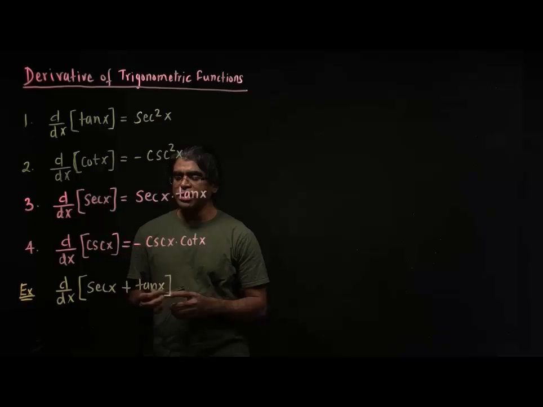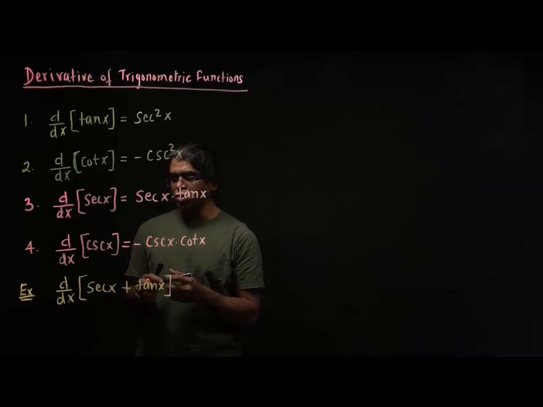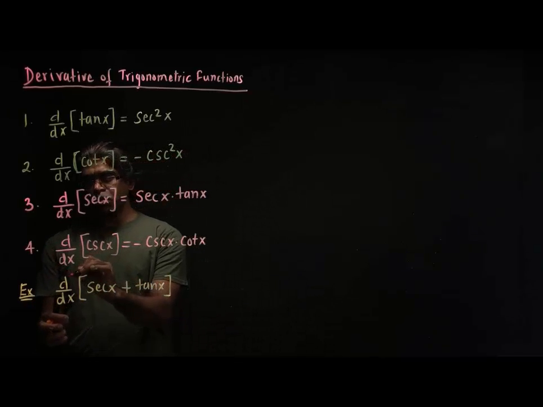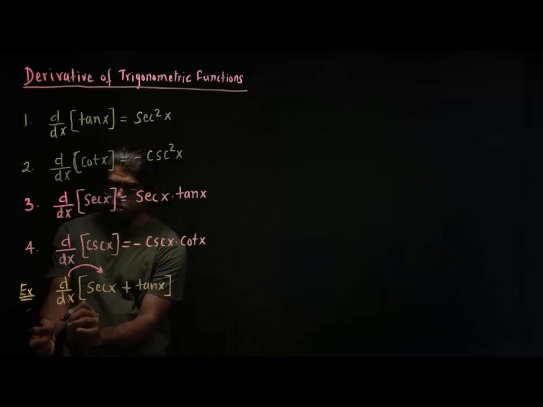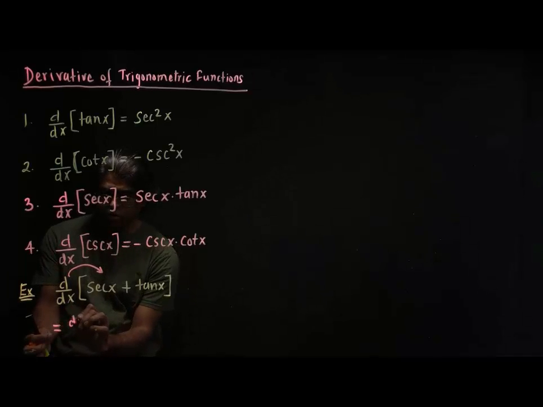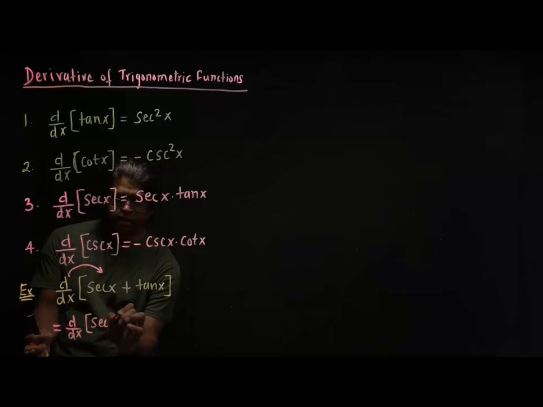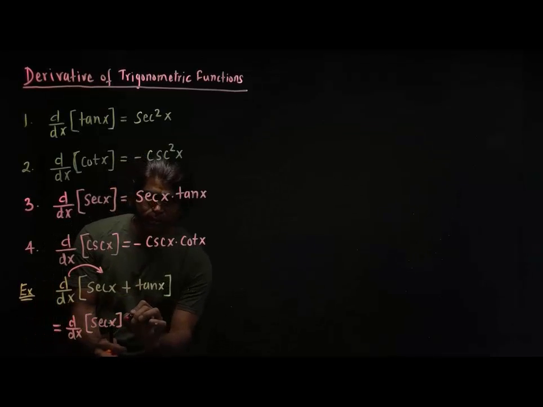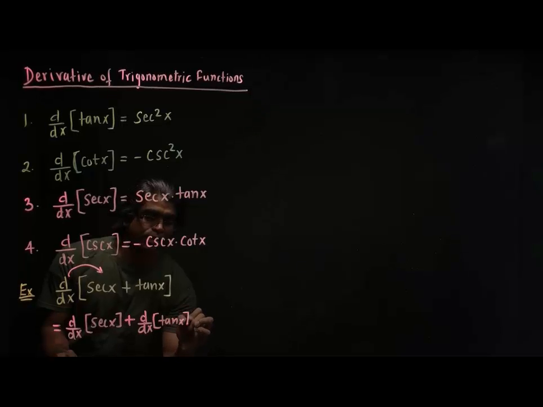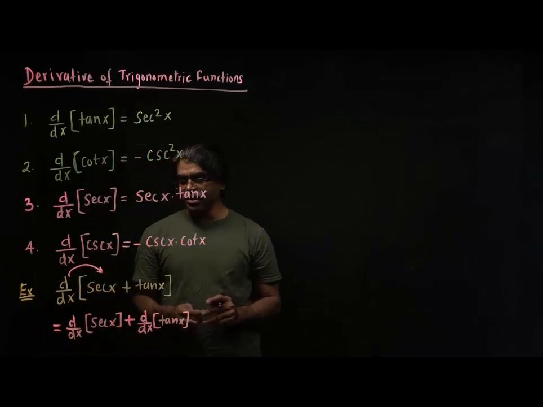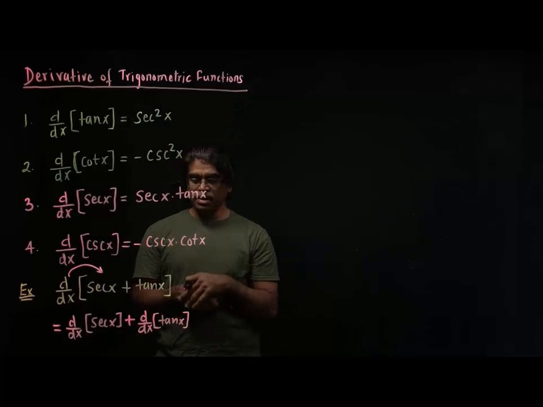In order to find the derivative of this function, I'm going to distribute my d by dx inside the bracket, and if I do that, I will write this is equal to d by dx of secant x, because secant is my first function, plus d by dx of tangent x, right? Because secant is my first function and tangent is my second function.